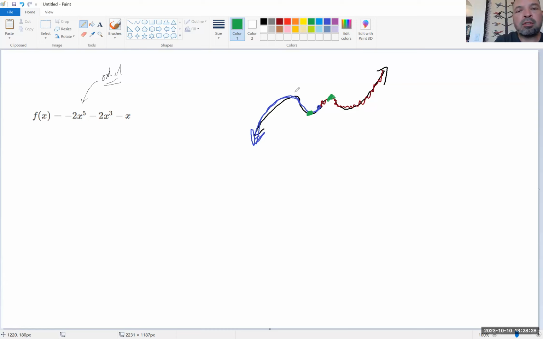Now, there's no telling whether it has a perfectly symmetric shape. The only way you're gonna be able to figure this out is with algebra, but it is not going to be even. So it could be odd, but not even.